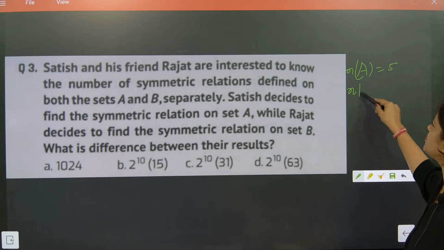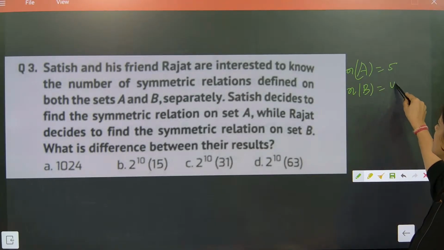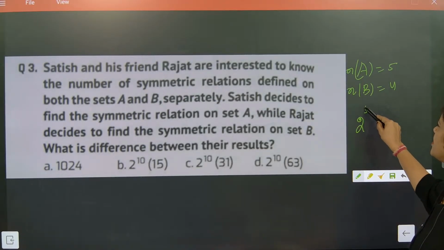How many elements is B having? What is the formula for symmetric relation?